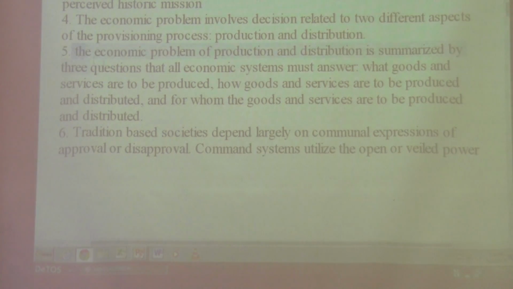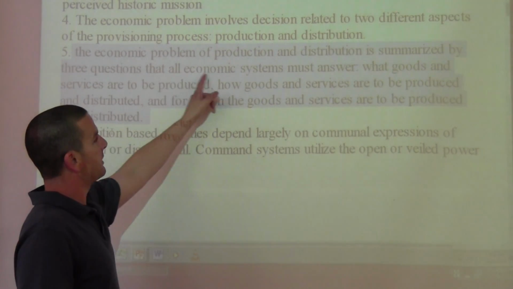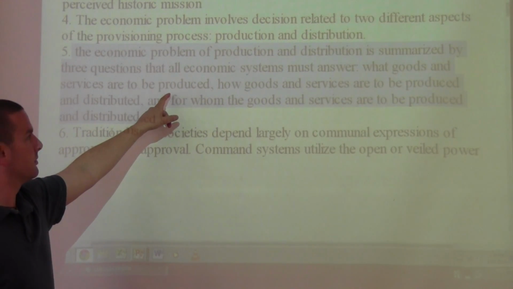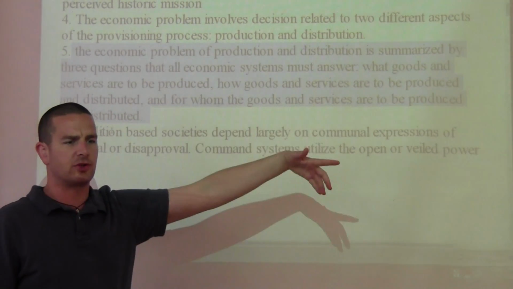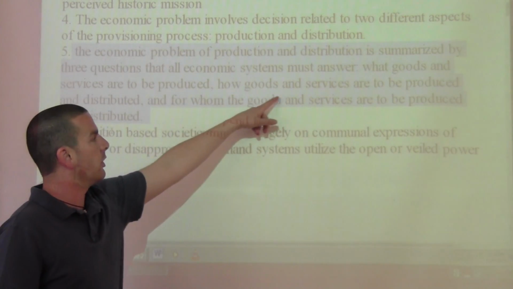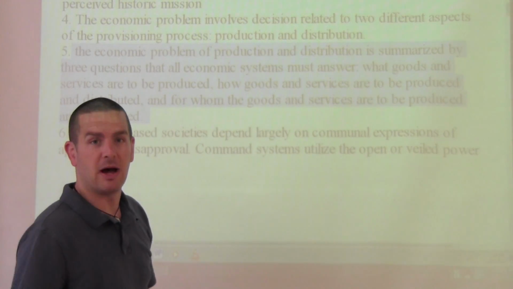And that's what this number 5 mentions right here. Number 5 says the economic problem of production and distribution is summarized by 3 questions. What goods and services are going to be produced? Are we going to produce lawyers or are we going to produce garbage men? How are they going to be produced? How are we going to produce lawyers or bottles of water?